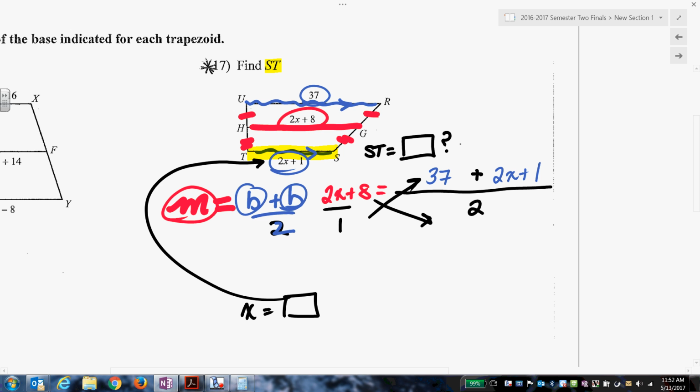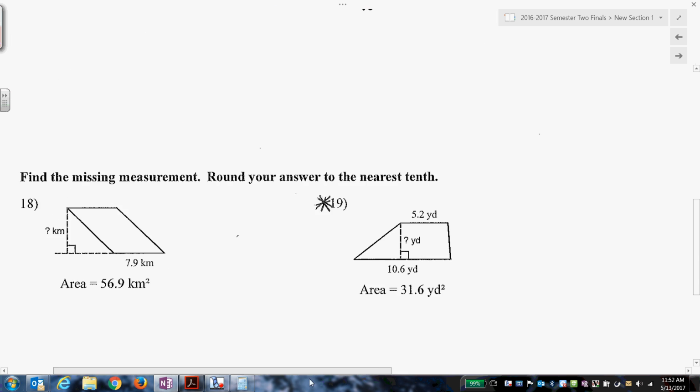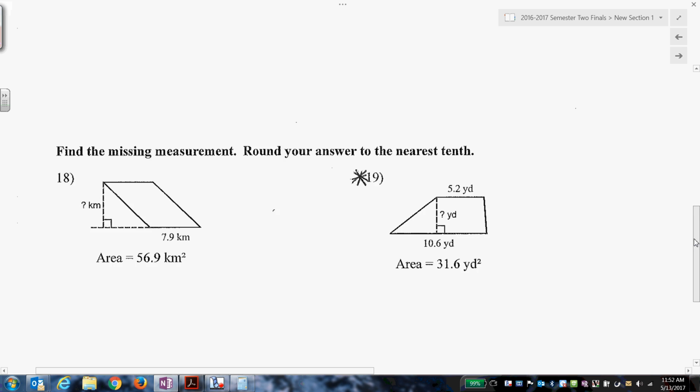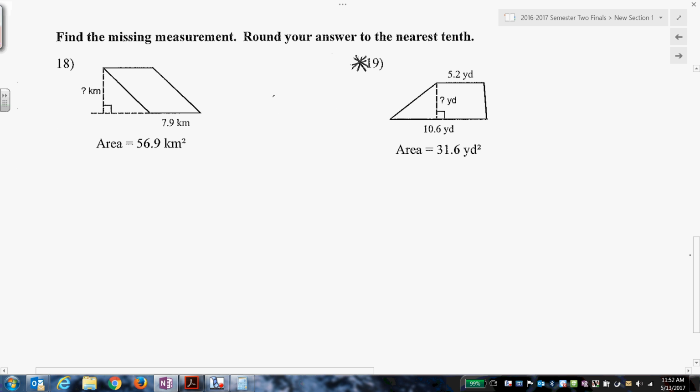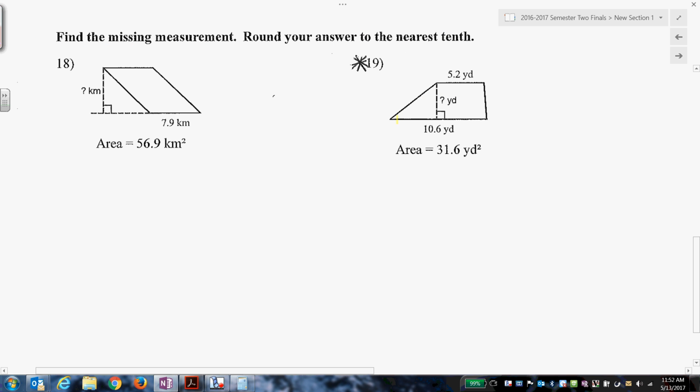Welcome back. Try the one on the left, see if you can reproduce the same accuracy rate. It says find the missing measurement, round your answer to the nearest tenth. So for these, start by lightly shading the shape, and this shape here is a trapezoid.